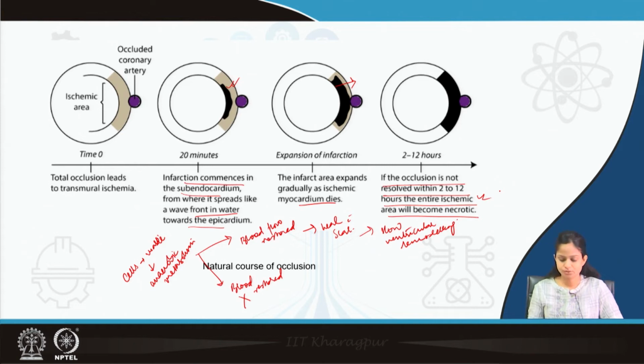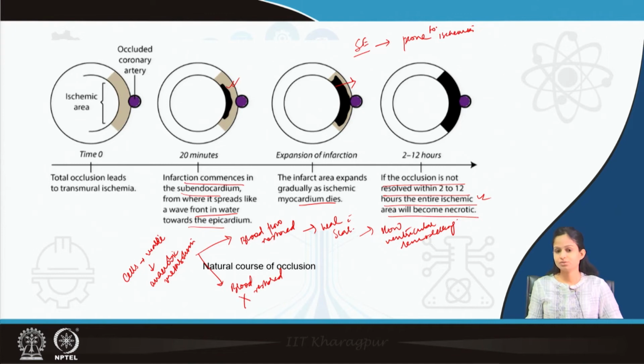Now, why is this ischemia occurring in the subendocardial region? Because the subendocardial region is very prone to ischemia. It is lying away from the ventricular cavity, so it cannot enjoy the oxygen from the ventricular cavity.